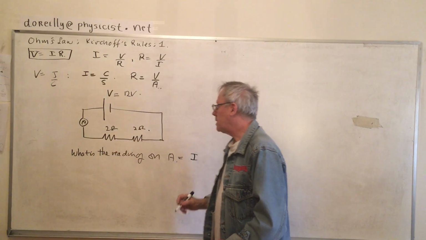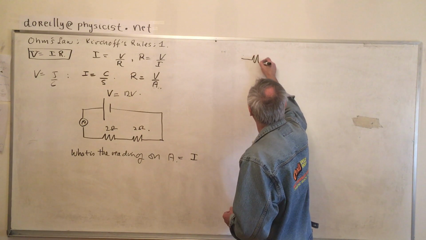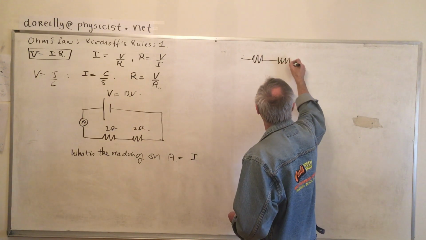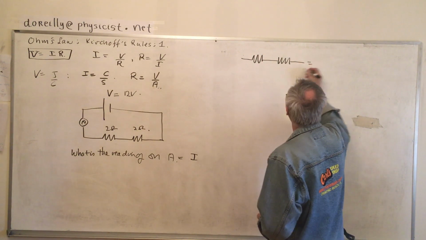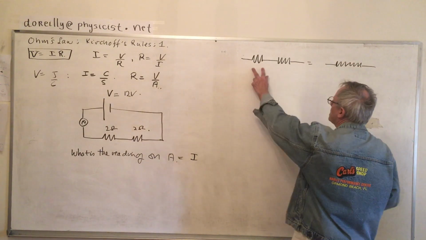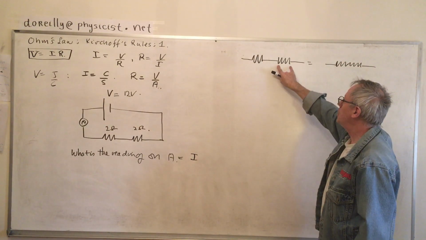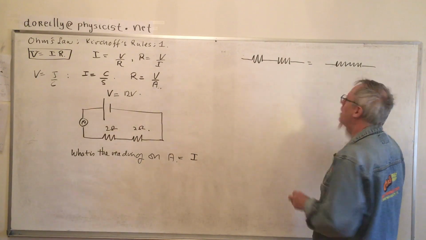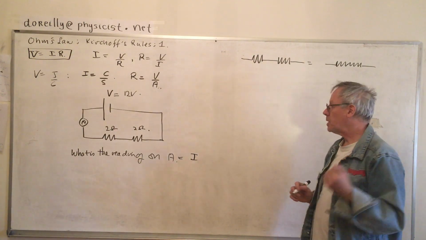We have two resistances in series. That's one after the other. Suppose this one is 2 inches long and this one is 2 inches long. Put them together. It's the same as having a 4-inch long resistor.